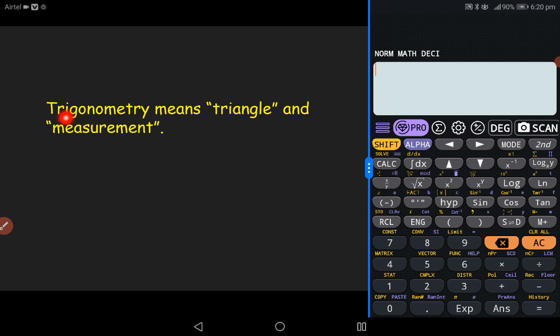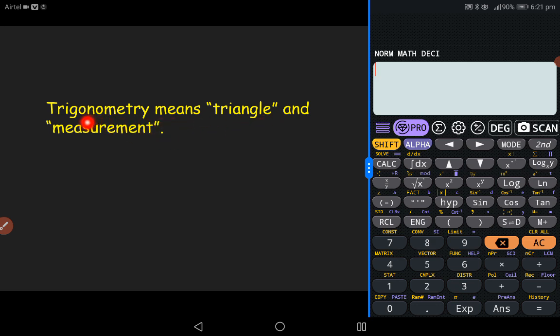T-R-I, is coming from triangle, right? It's triangles that are involved. You may not have trigonometry with respect to shapes other than triangles. So tri means it's coming from triangle, while gonometry means measurement.